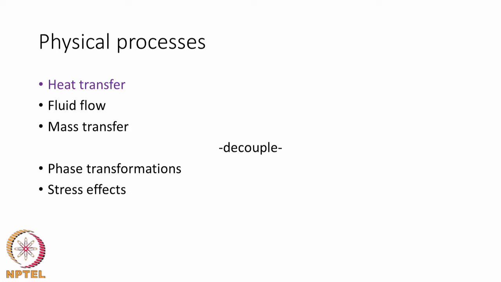So, what we normally do is to decouple these processes. In other words, we understand and analyze each of these, and then we see how the information from one effect can be taken as an input to the other effect, and then sometimes the loop can be closed completely, and then we can proceed to have the solution of the particular welding problem we are looking at.